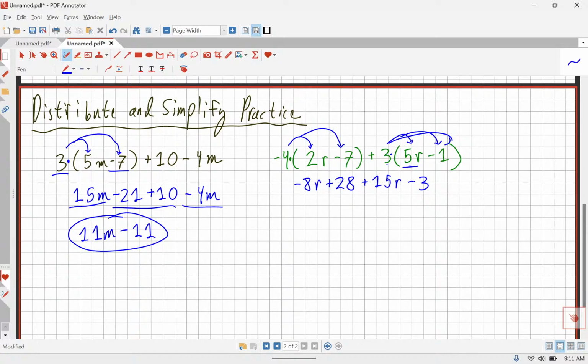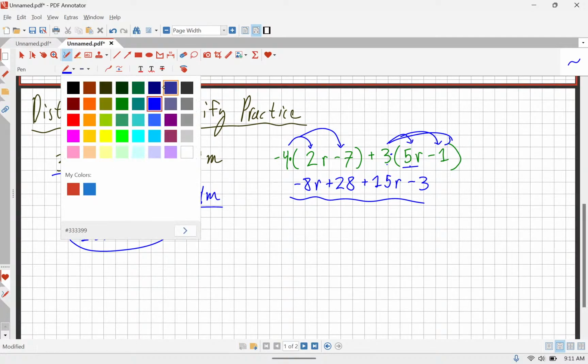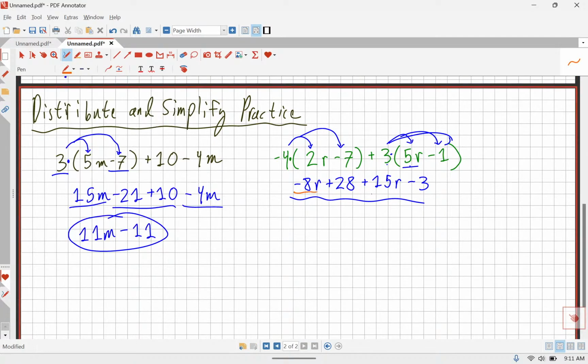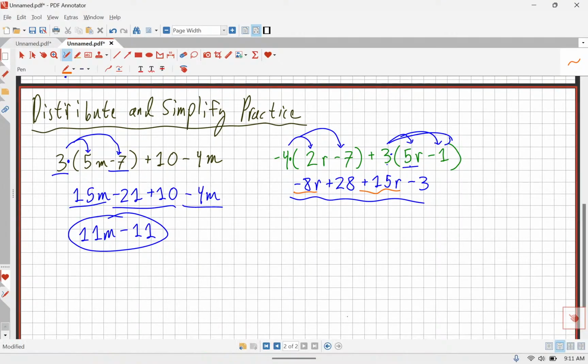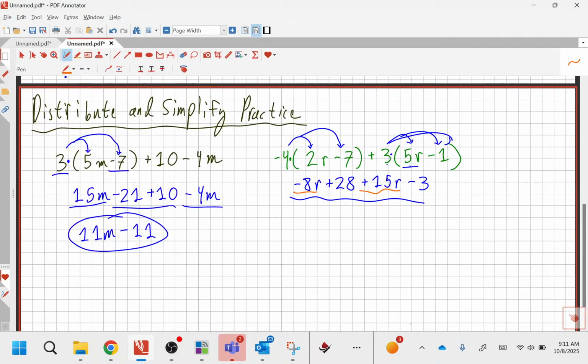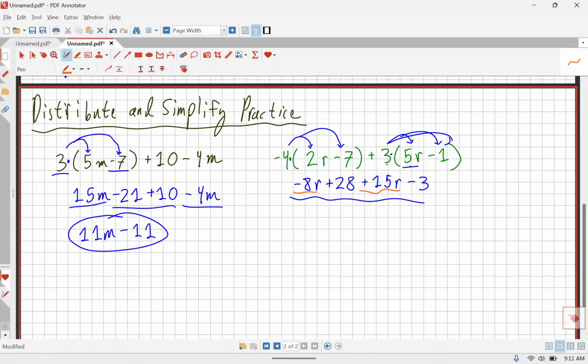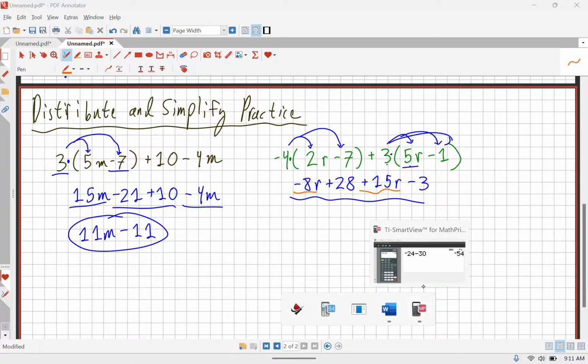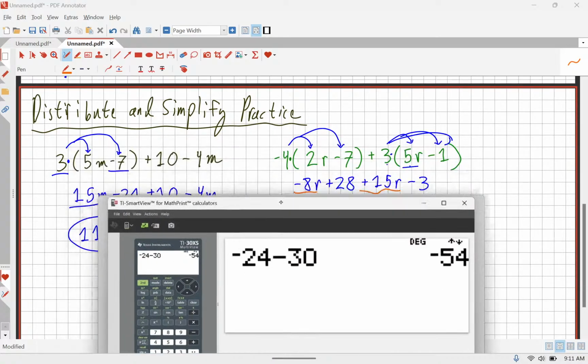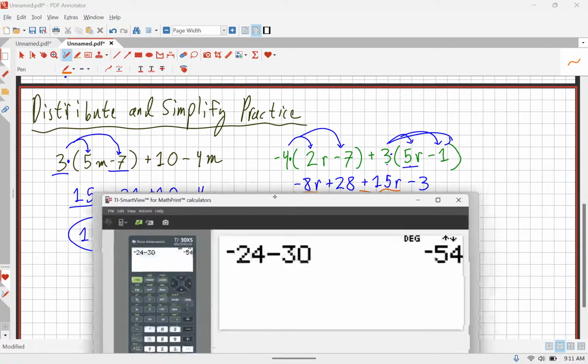So let's go for Ada. How would you combine these like terms to make this thing a little more simplified? So negative 8r plus 15r. If we do negative 8 plus 15, I'm going to tell you guys, your calculator does not understand variables the way that we do.